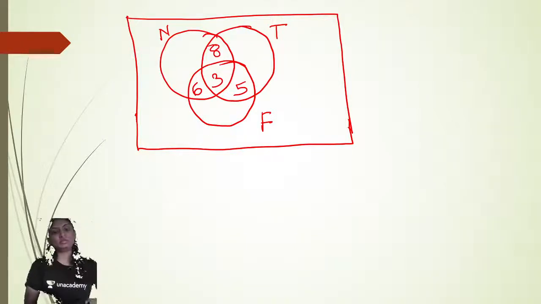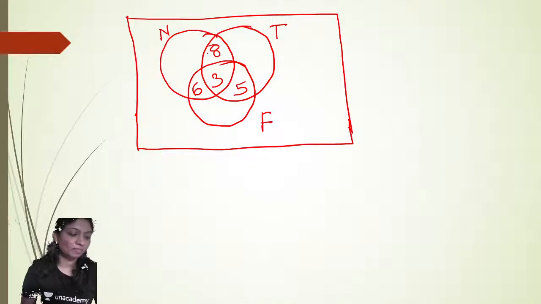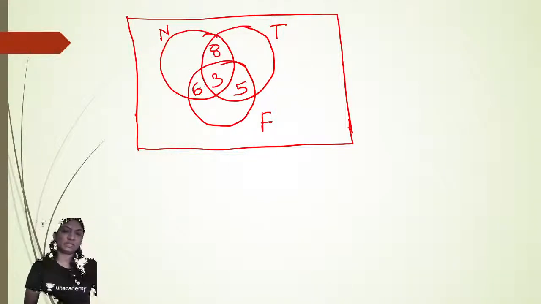Now count: the total number of people who read Newsweek is 25. Out of that, 8 plus 6 is 14, plus 3 is 17, so 17 are already counted. So 25 minus 17 is 8. Here, the total number of people who read Time, the cardinality of T, is equal to 26.